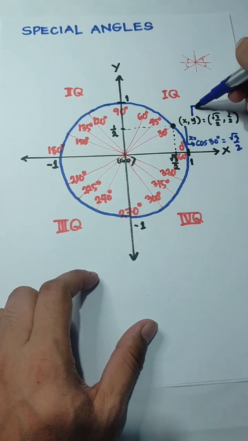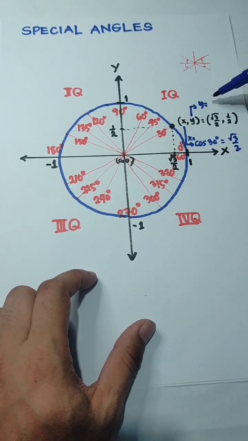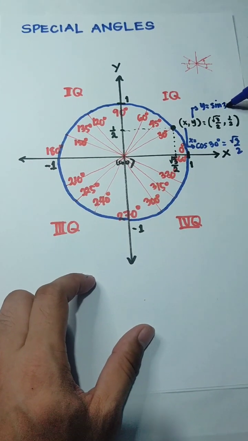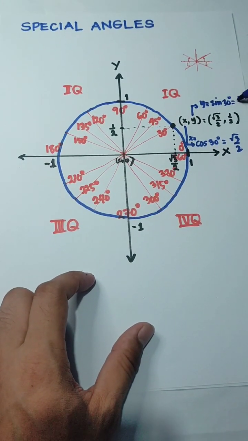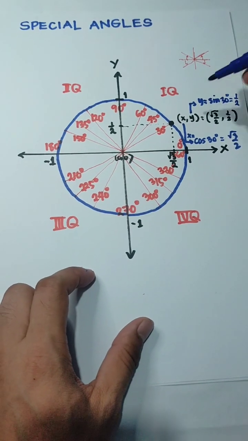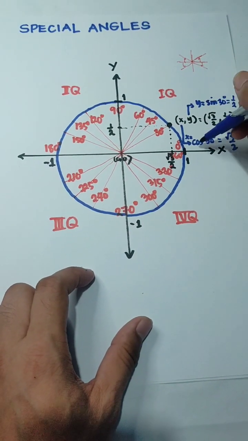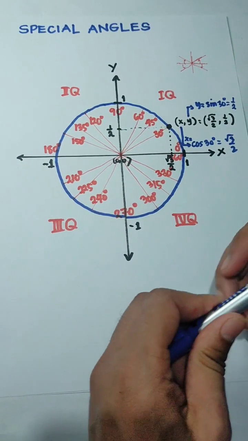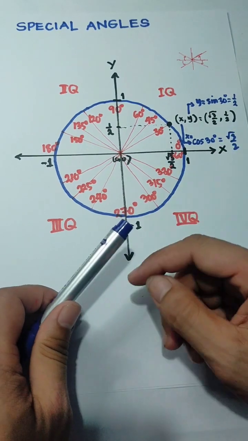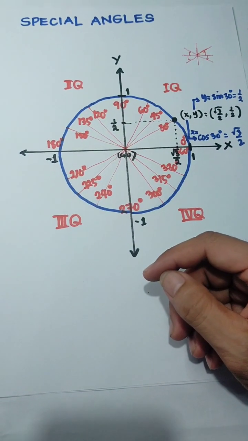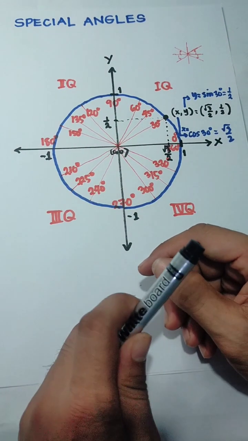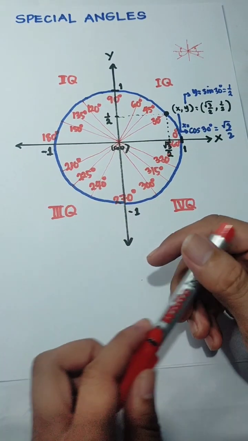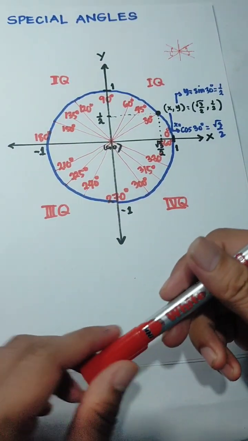And our y is the sine of 30 degrees and gives us the value 1/2. So the sine and cosine functions are the basic functions in trigonometry, and these two basic functions also derive the other functions like tangent, cotangent, secant and cosecant functions.